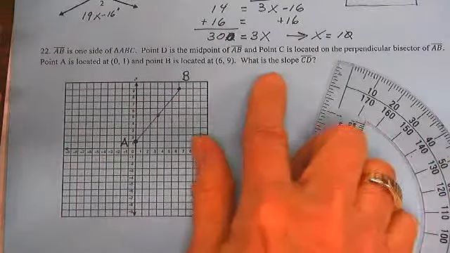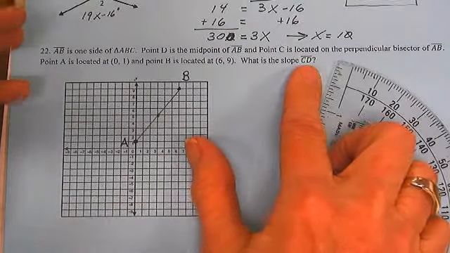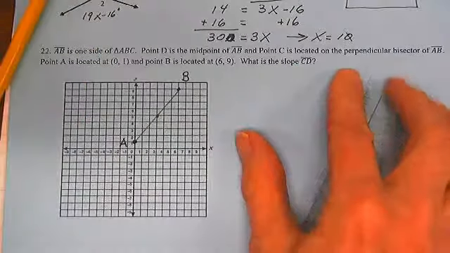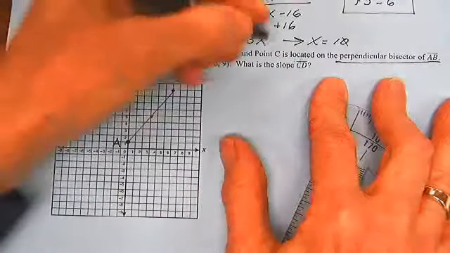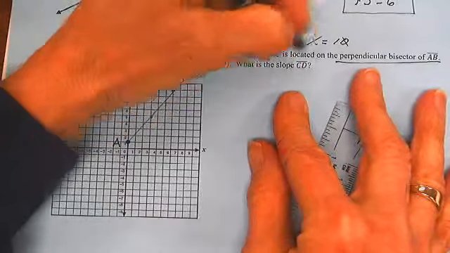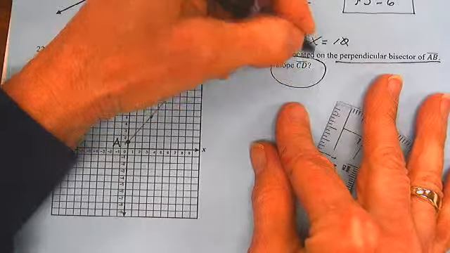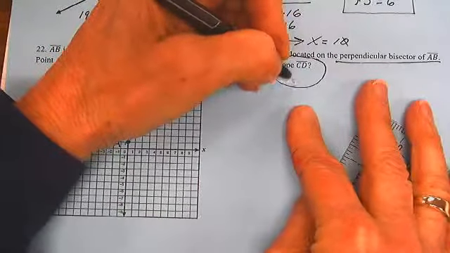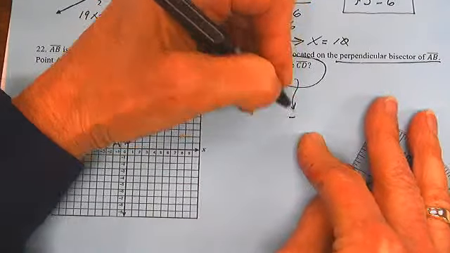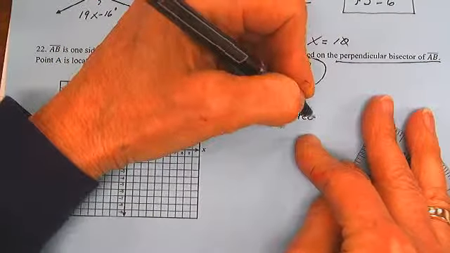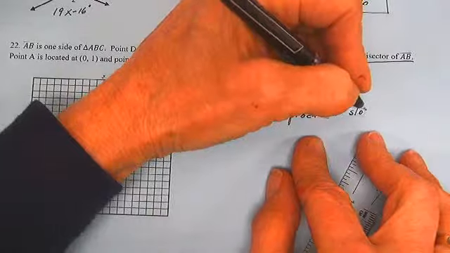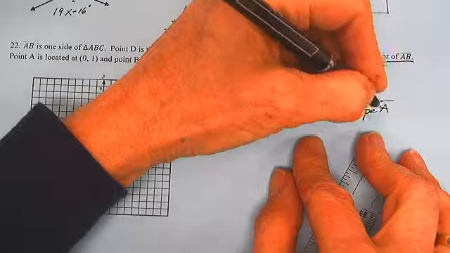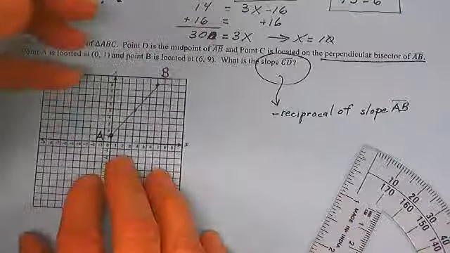The slope of CD, if we have a perpendicular bisector, is the negative reciprocal of slope AB. Well, what is slope AB?